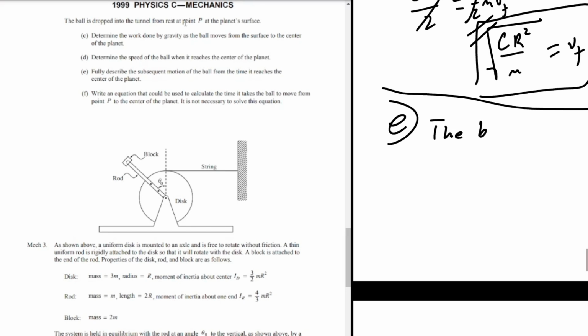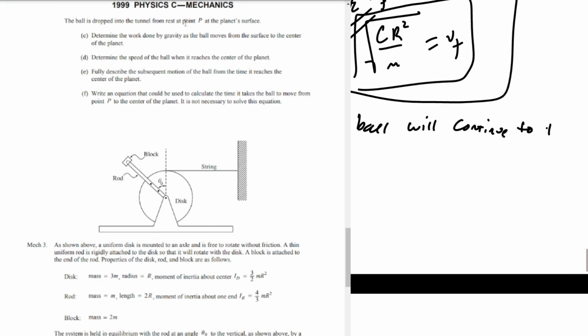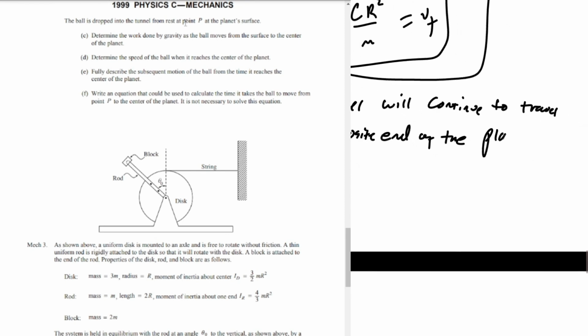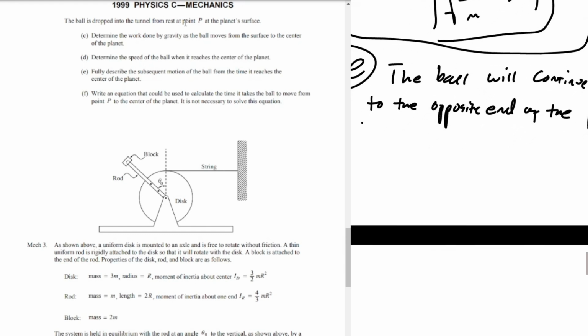So the ball will continue to travel to the opposite end of the planet until negative point P, right?